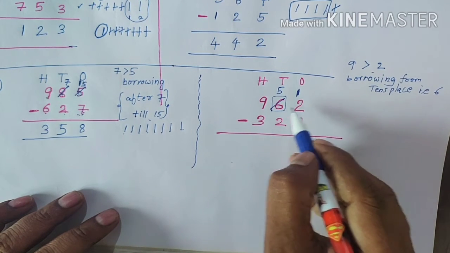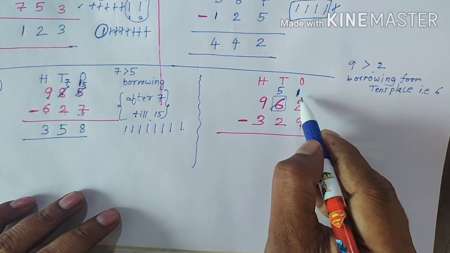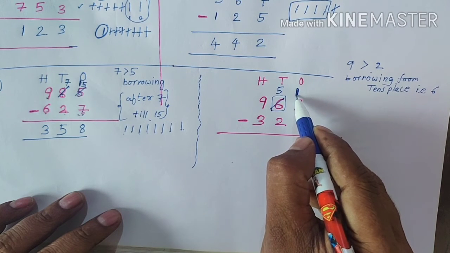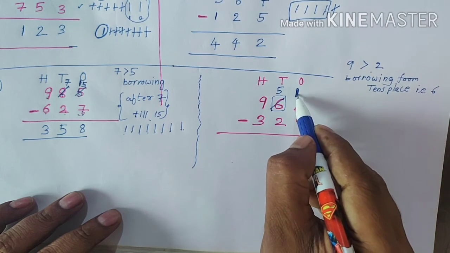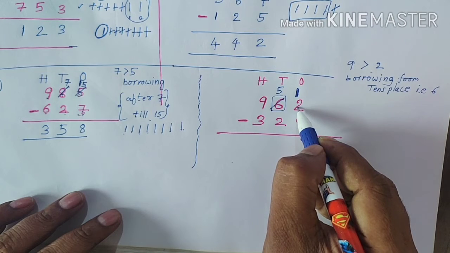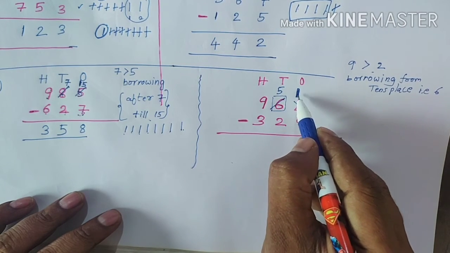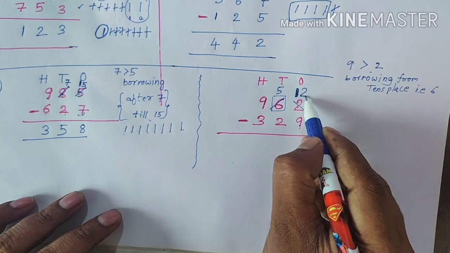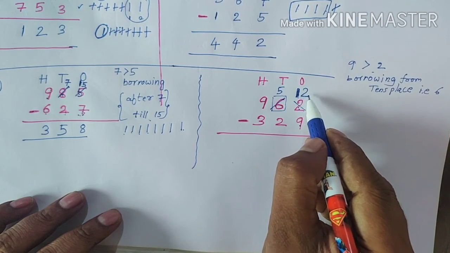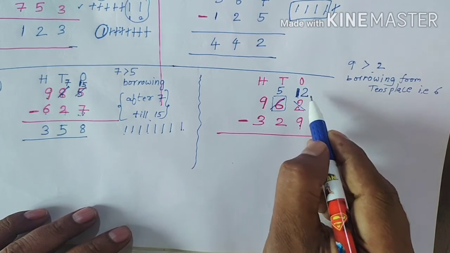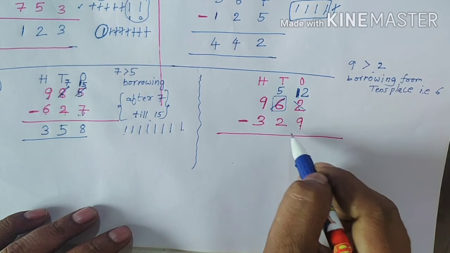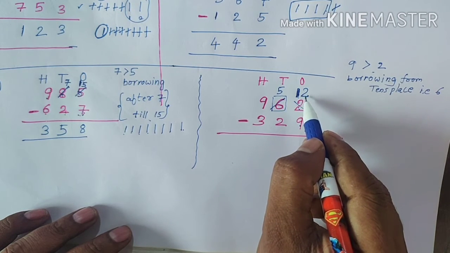Done. So now come to the ones column. Here we already borrowed 1, and the number in the ones place should be written on the right side of this 1. So now 2 became 12. Now we have to subtract 9 from 12.